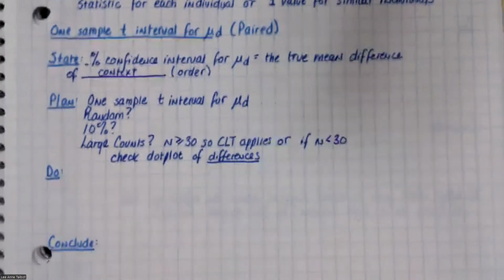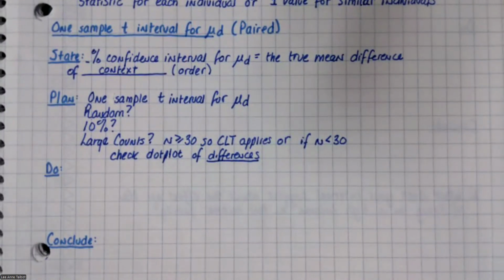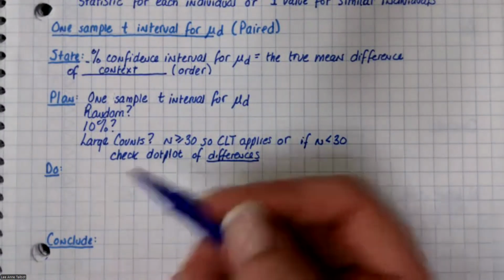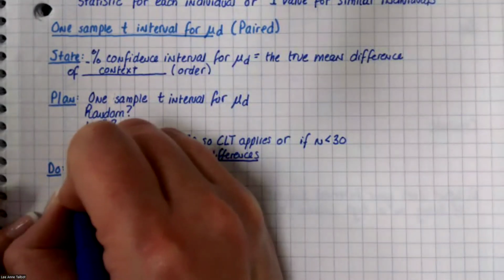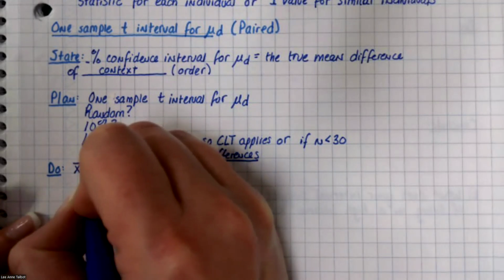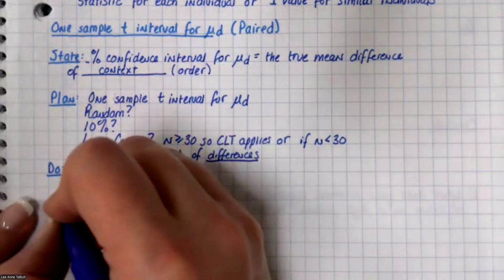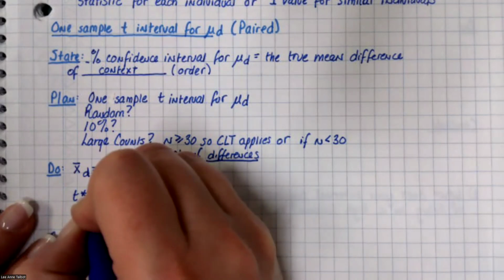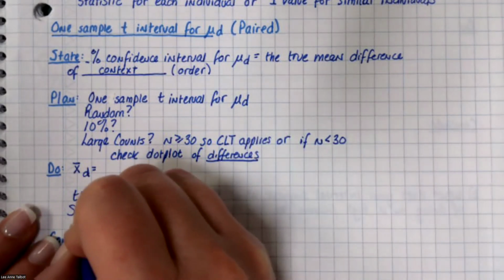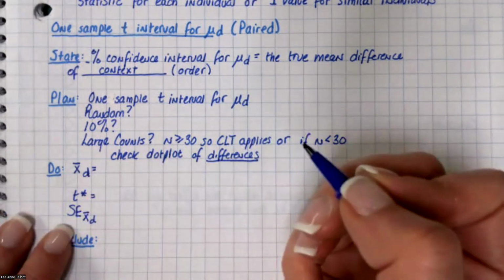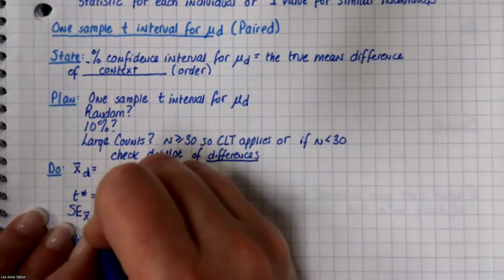Okay. To do this, we follow the one sample, not the two samples. So you're going to have X bar of the differences. You're going to have T star. And you're going to have standard error of the differences.